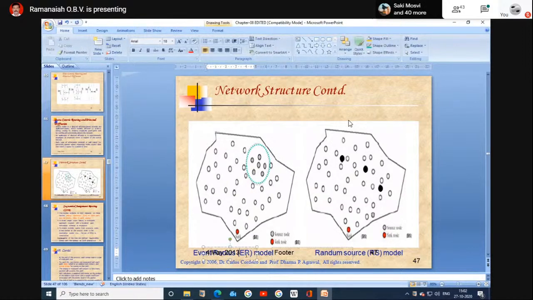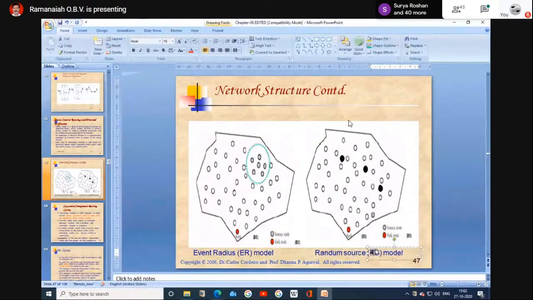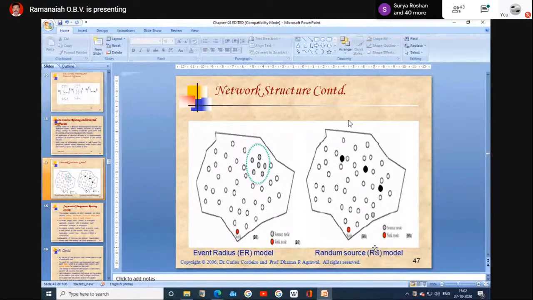One is the event radius model. Here, let us say the event has occurred at this central node.